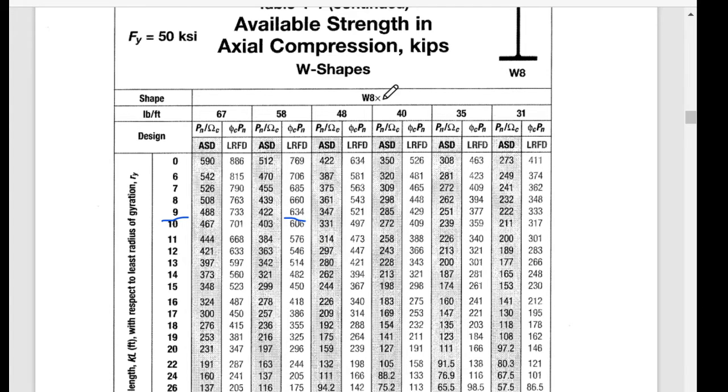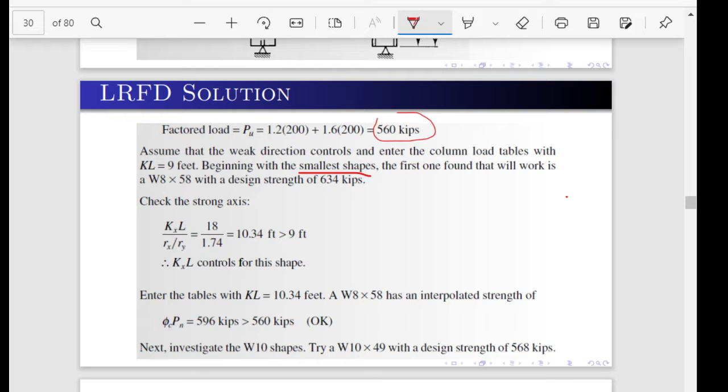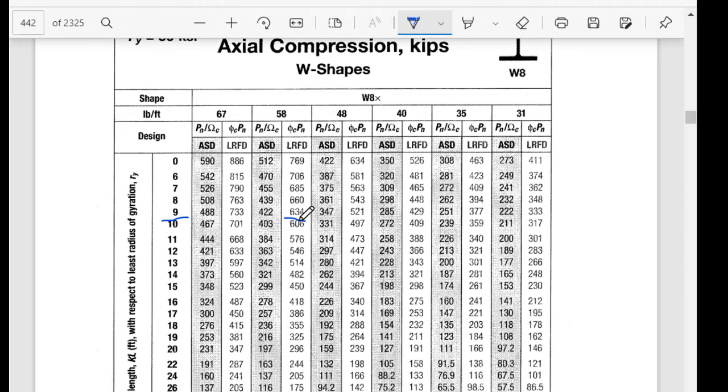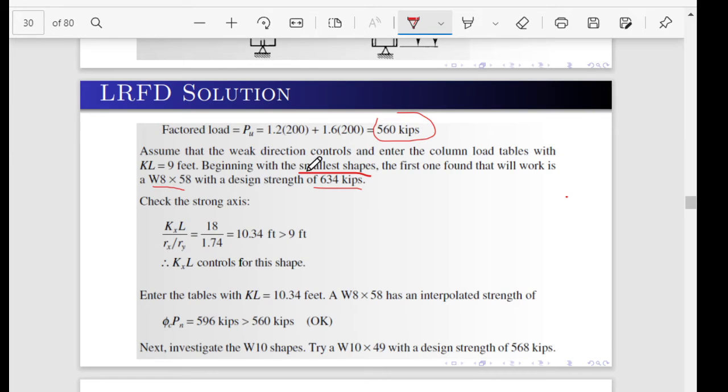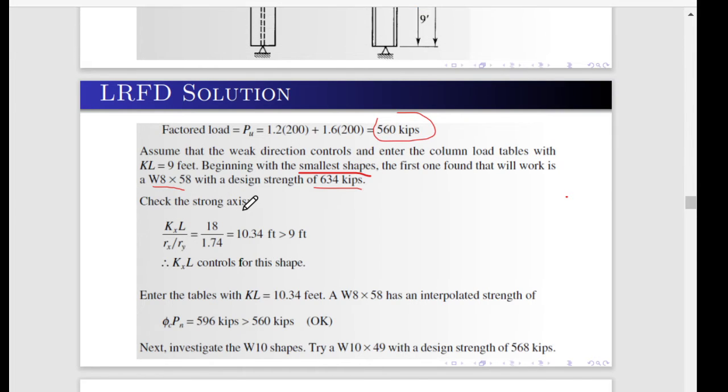So for 560 LRFD, we have this one, 634, W8 by 58. So the first one found that will work is W8 by 58, with a design strength in the table of the AISC manual of 634 kips. Then check the strong axis.